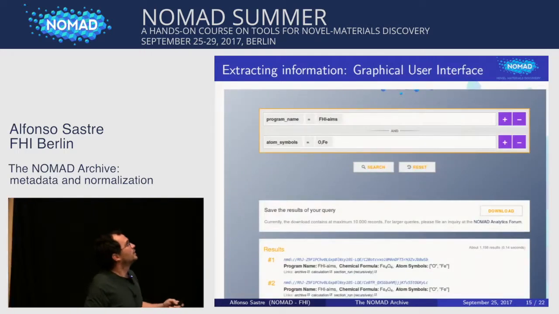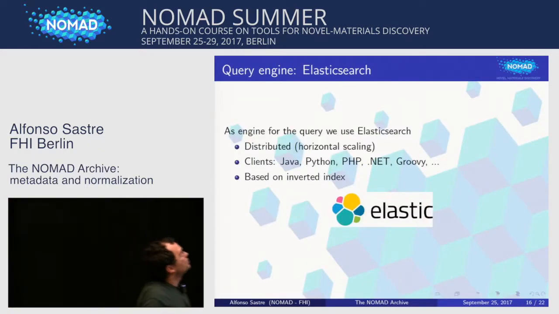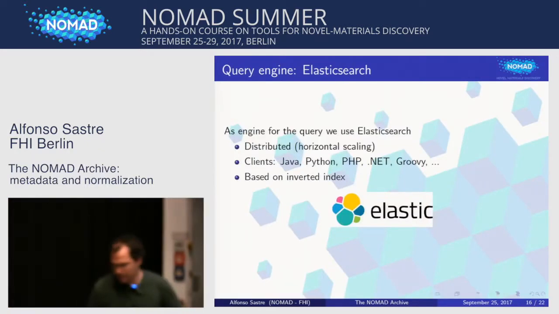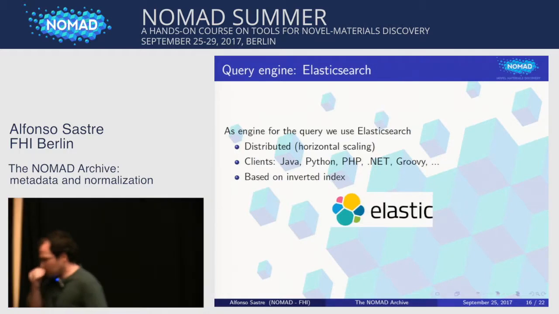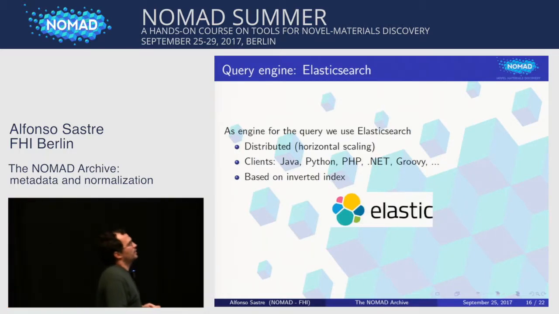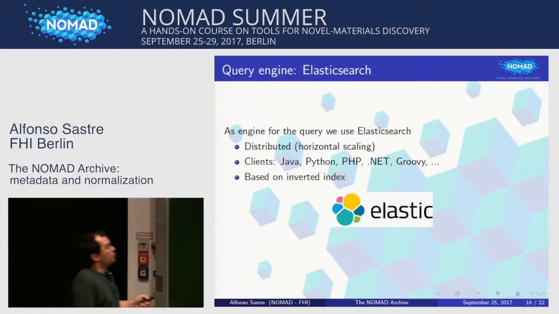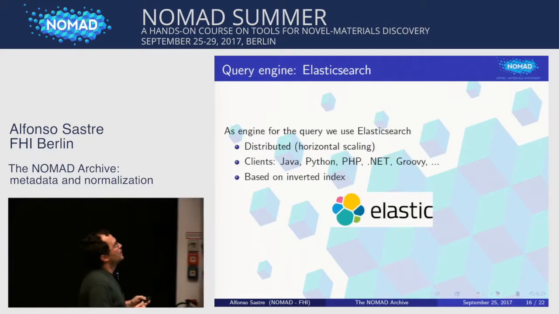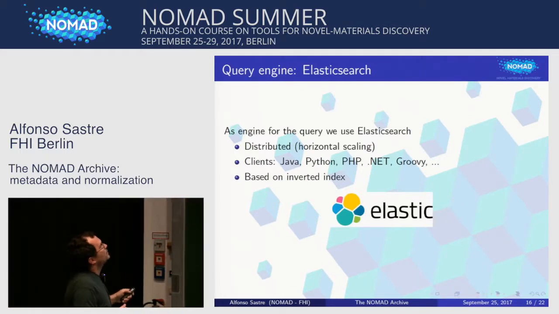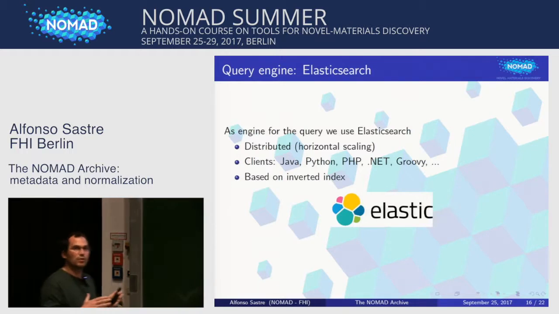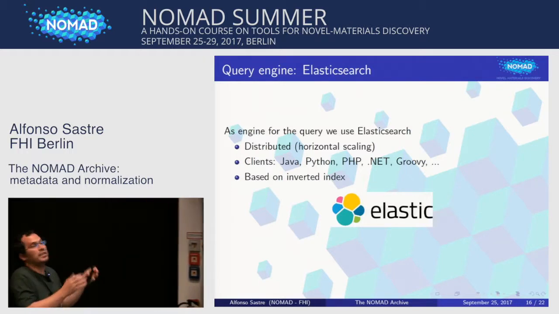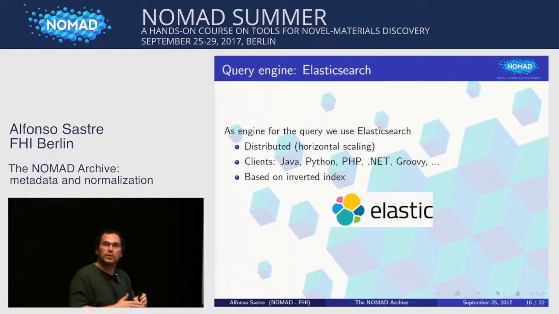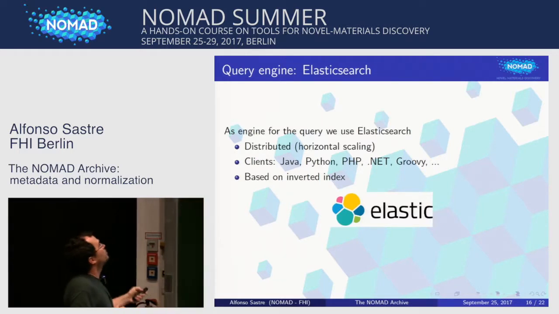Okay? So just a few words about Elasticsearch. We are still working on improving the query format and exploring other technologies, but Elasticsearch is quite nice because it's very fast. The idea of Elasticsearch is a cluster. So if you have more data, you just have to add more computers, and it's going to scale horizontally.